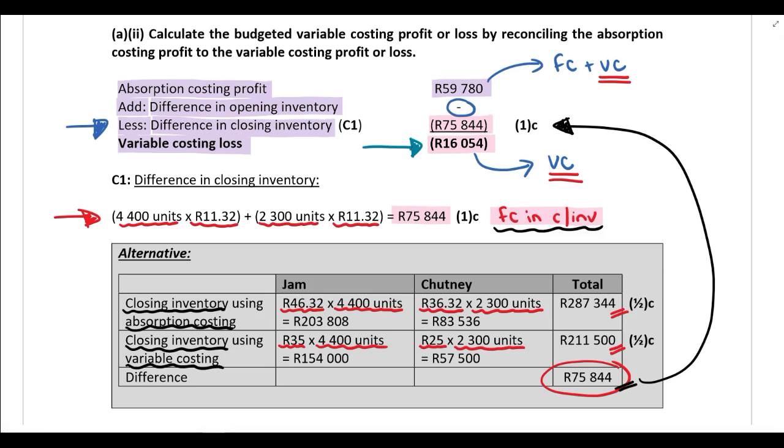And it's important to note, this is the difference between absorption costing and variable costing. And cost volume profit analysis is consistent with the principles of variable costing. So, if Jane had prepared the budget using variable costing instead of absorption costing, she would forecast a loss of 16,054 Rand because she expects to sell less units than the break-even point.